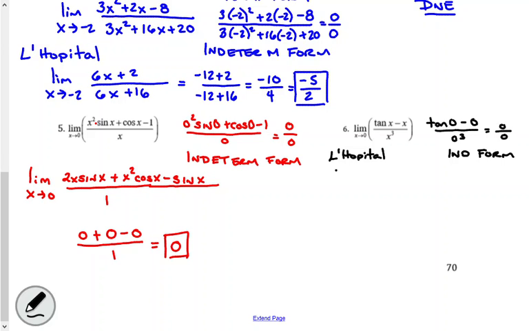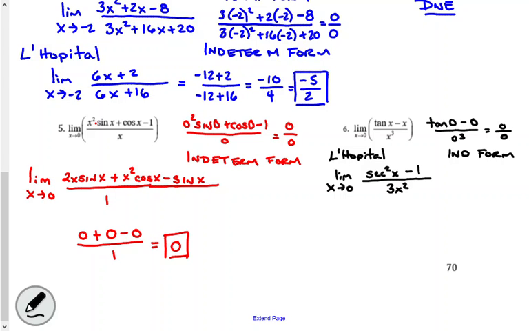And we go derivative of tangent is secant squared. Derivative of x is 1. And then this is 3x squared. This problem will challenge your trig derivatives.